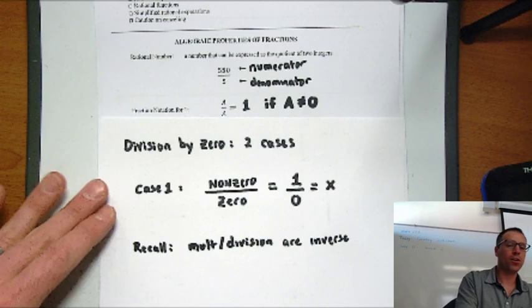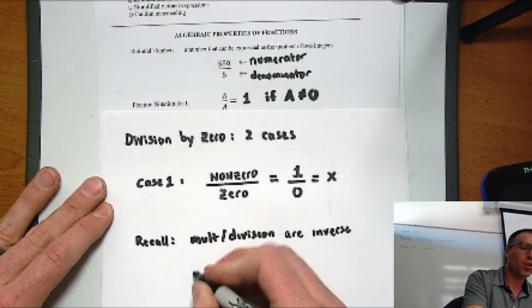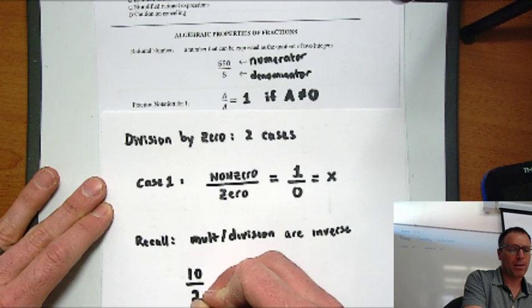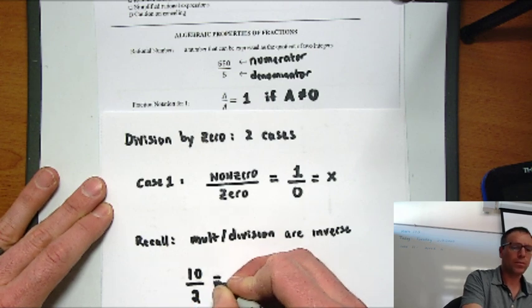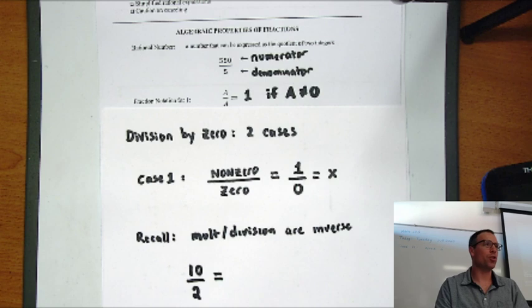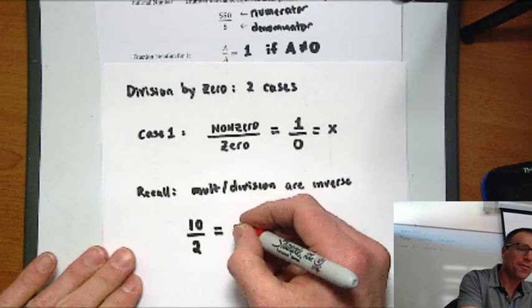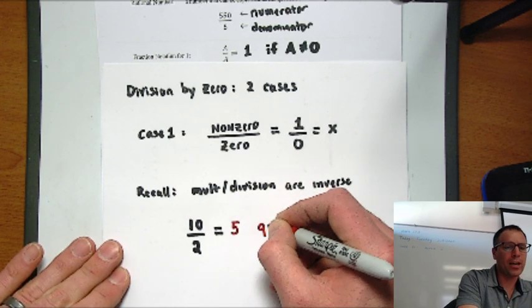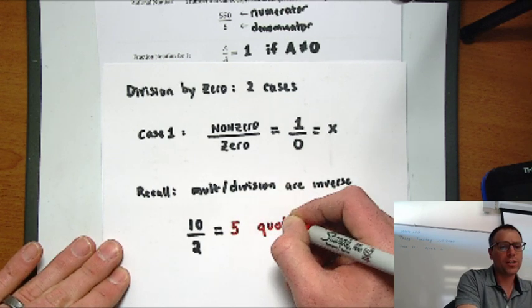And in particular, we're going to do this really interesting thing. Let's go ahead and look at 10 divided by 2. What is 10 divided by 2? 5. Okay, so let's figure out why you said this is 5. And I actually want to introduce some language here. I'm going to call this a quotient.